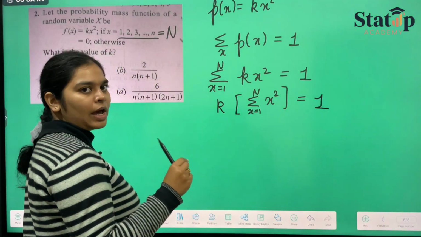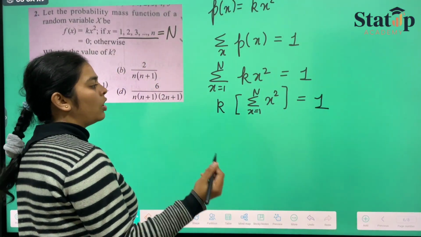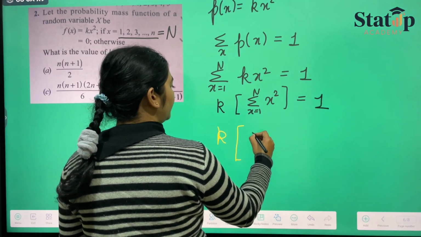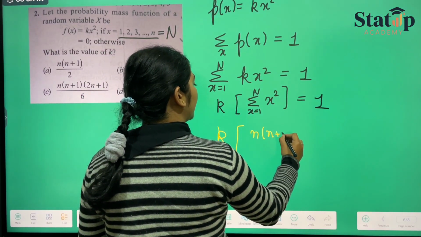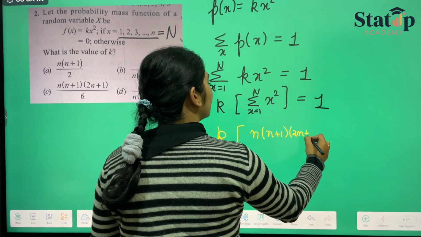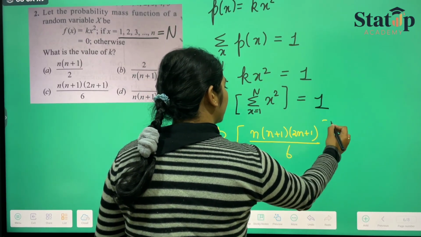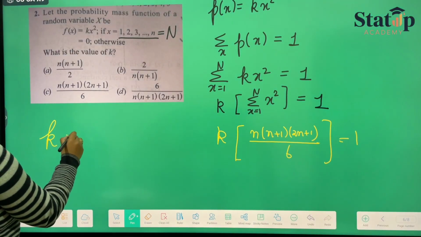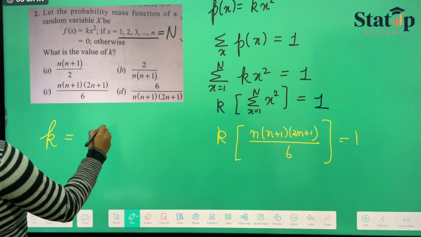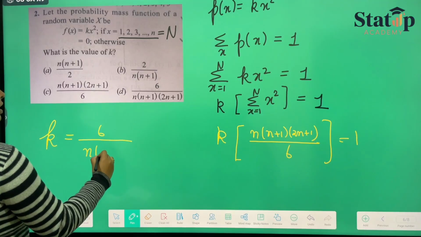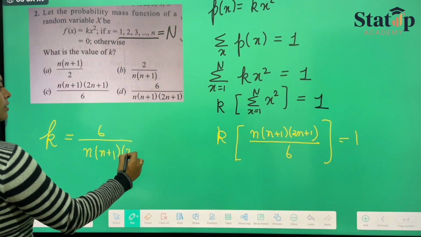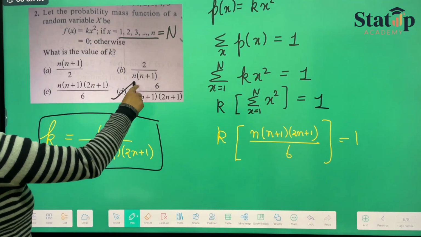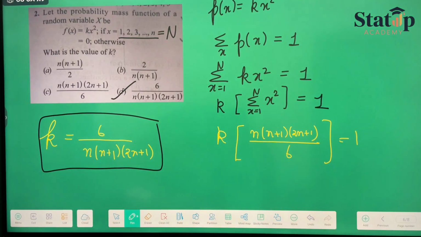This is the summation of squares of natural numbers, and we all know the formula: n into n plus 1 into 2n plus 1 upon 6, which equals 1. Since we have to find the value of k, k will be the reciprocal of this, which is 6 upon n into n plus 1 into 2n plus 1, which is our option number D in this question.